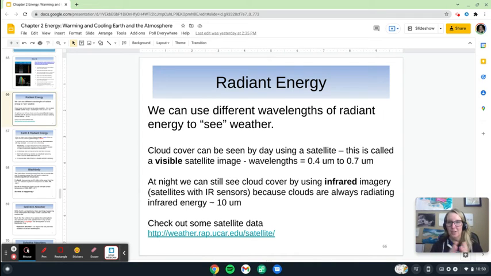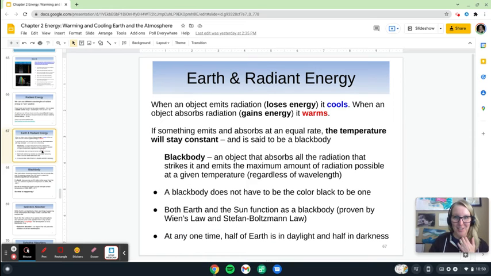It only has shortwave radiation being reflected during the day. That's it. So here's a link to the satellite data if you want to go poke around with that and look at those different channels and see that you're actually looking at radiant energy and not just images.